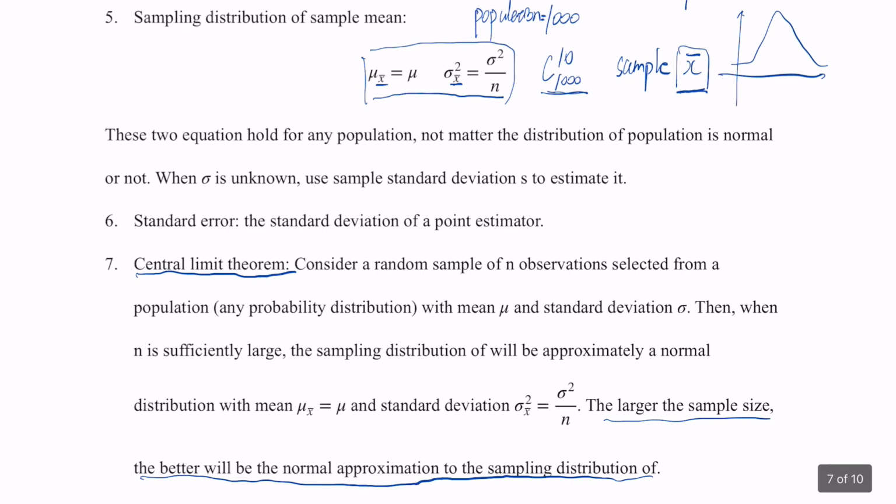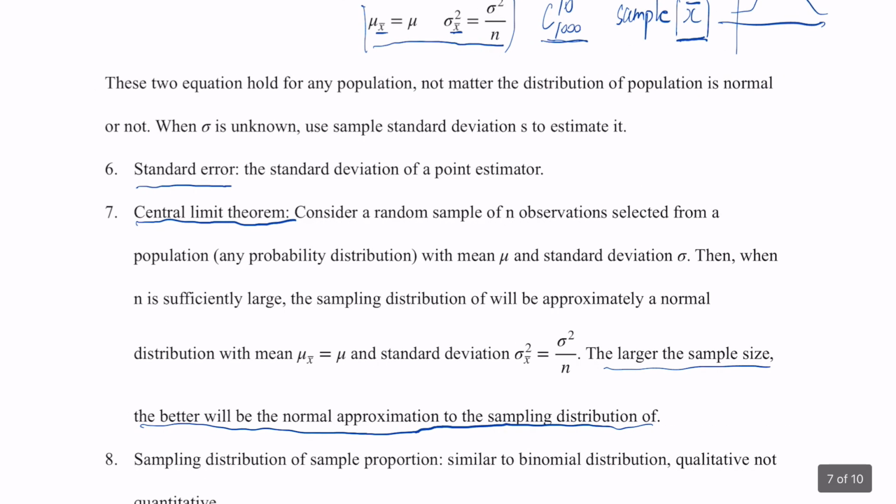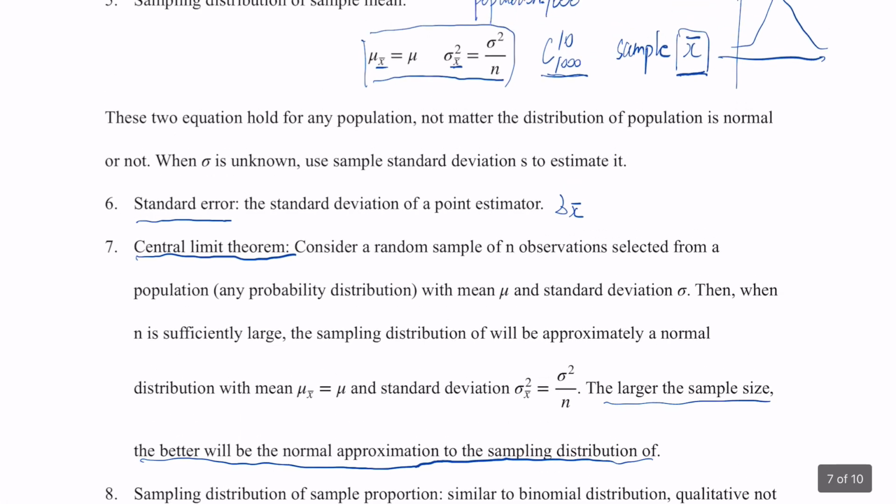Another concept here is standard error. It's the standard deviation of a point estimator. So it's just the standard deviation of a sample mean. Why is it called standard error? You can think of it as an error, like an interval, right?